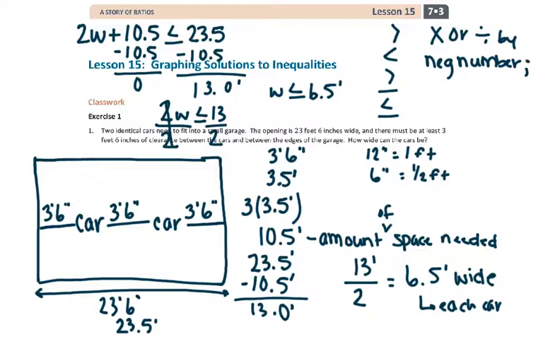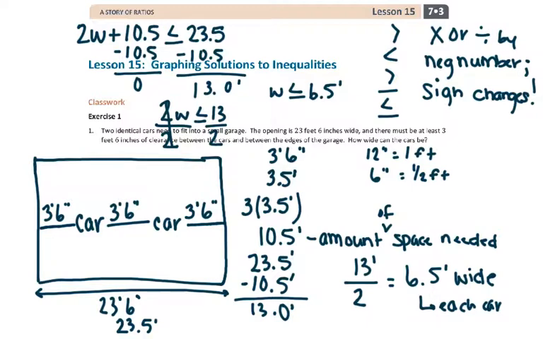Don't forget that. This is really important because in the next problem you're going to see that we need to change the sign in order to make the statement still true. So I'm going to move ahead so that we can go through the next example together and understand why this is true.